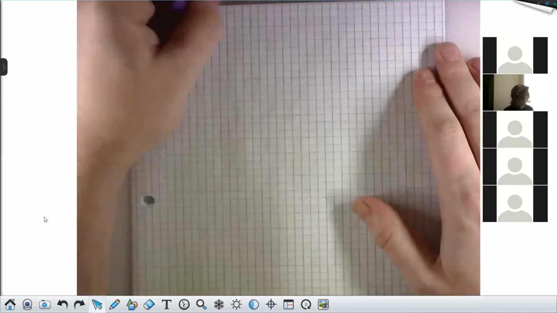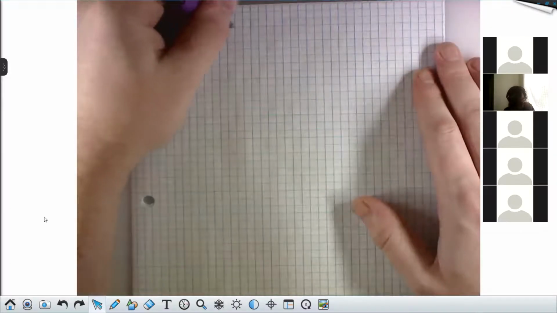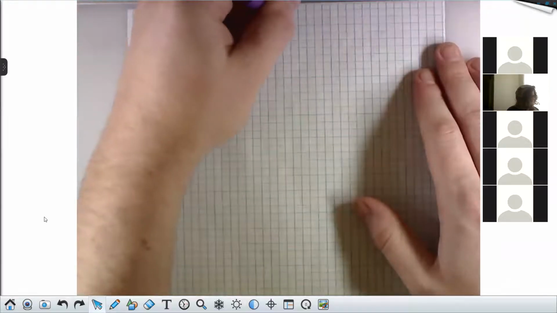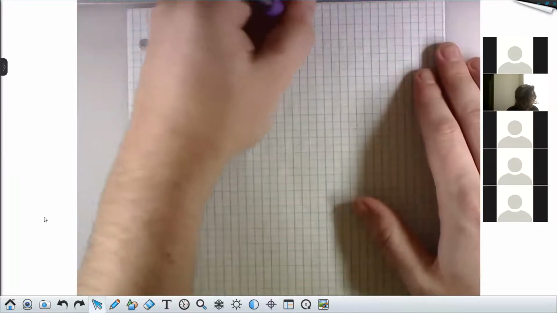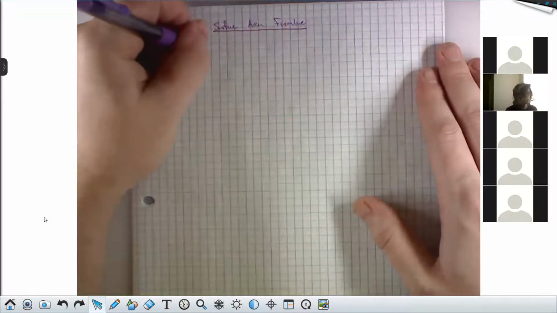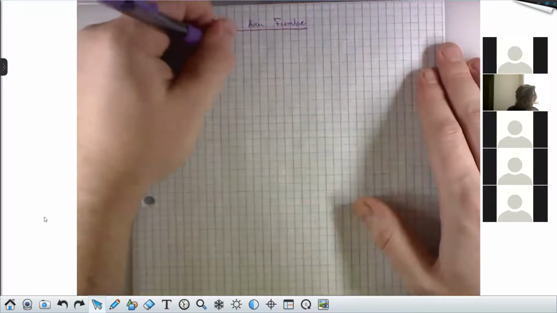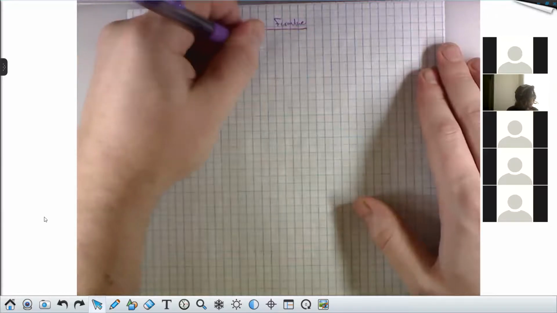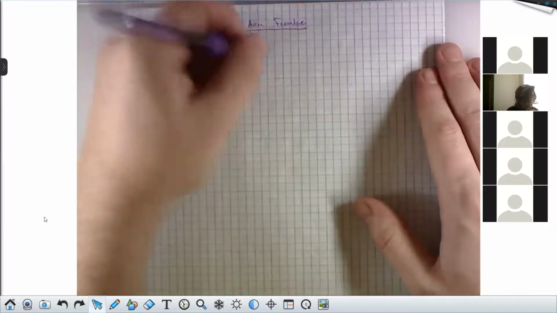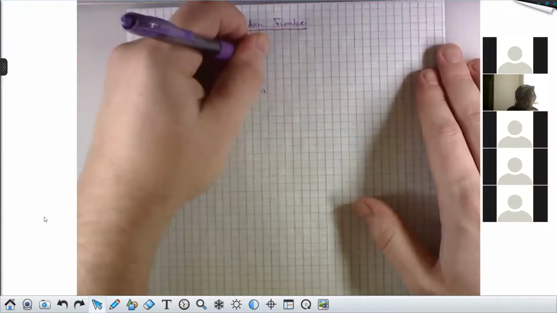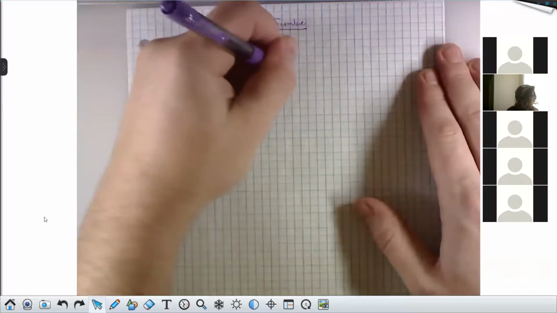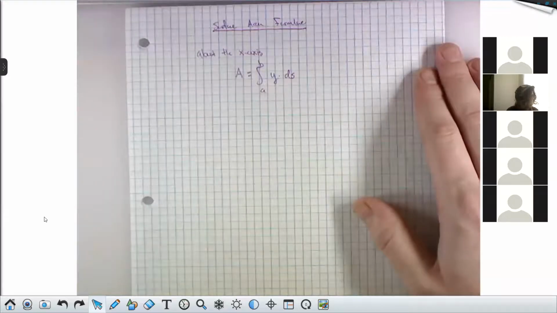Your formulas for surface area, if you're rotating about the x-axis, then your surface area is going to be the integral from t equals a to t equals b of y times ds.